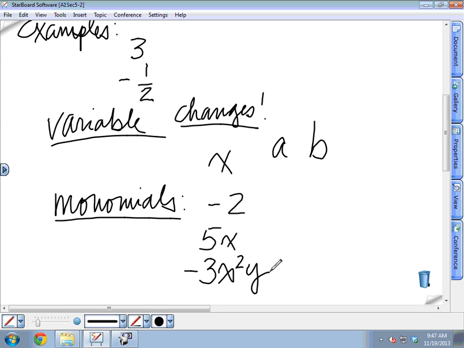It is composed of a sign, a coefficient of 3, which is really -3, okay? And it has a variable component part, which is a product of variables. Here I have x squared and y. Now they can be to different powers. Does everybody understand what I'm saying? Okay, this is pretty basic right now so far.